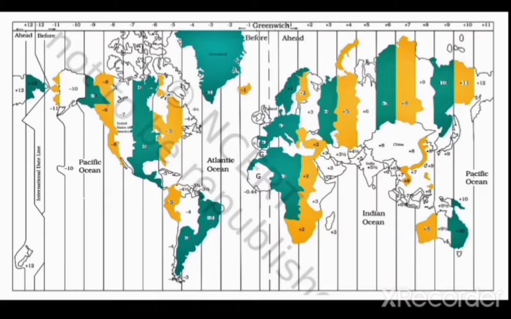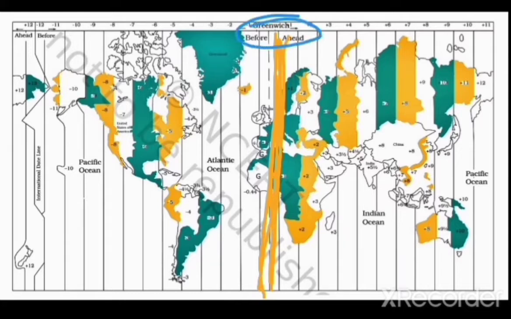This is the picture of a world map. Here we can see this dotted line, which is the prime meridian, and it passes through the Greenwich area.